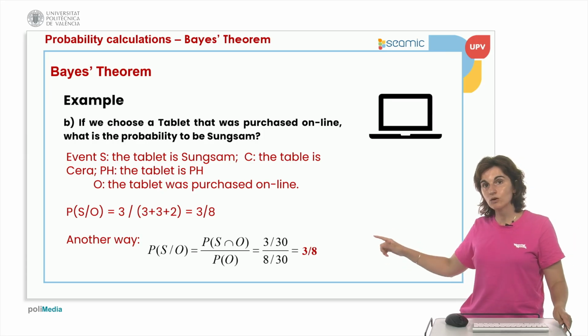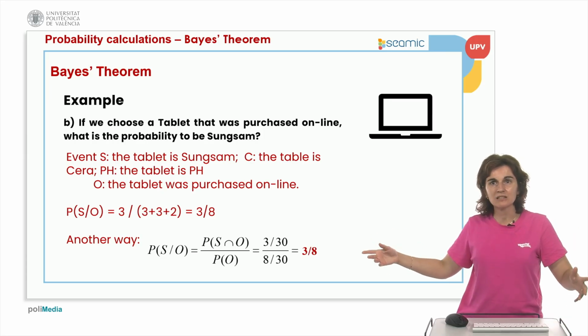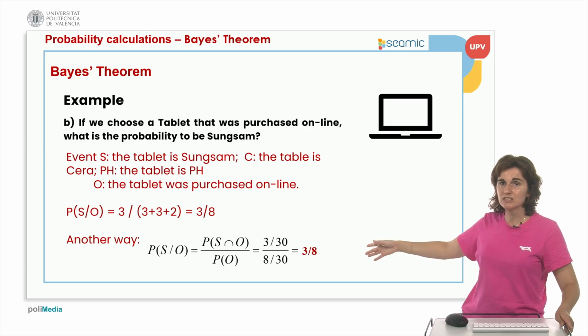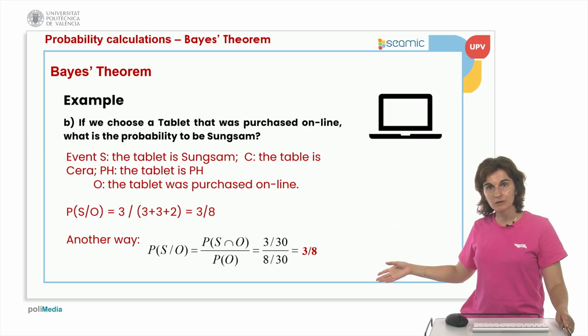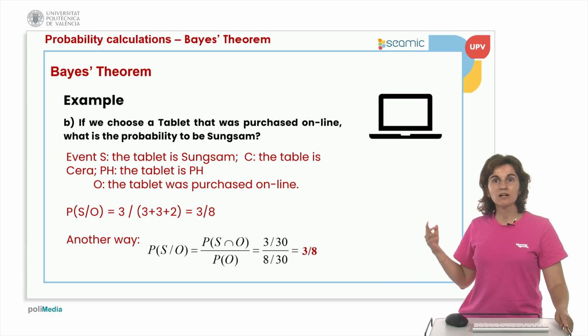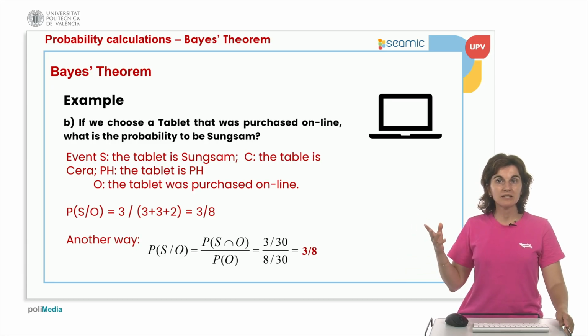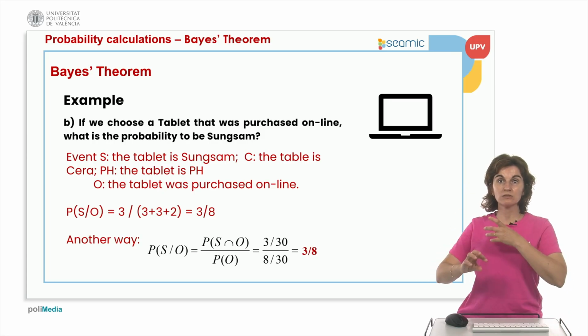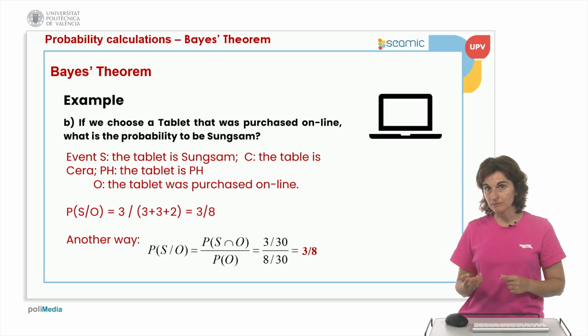So this is 8 over 30. And as you can imagine, the 30 disappears from this expression, and of course we obtain the same result. So this is how it works. We apply the Bayes theorem to obtain a different expression of the conditional probability.